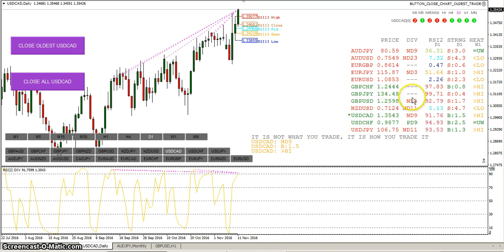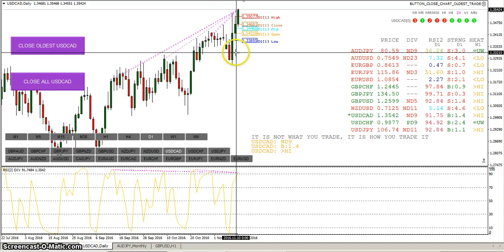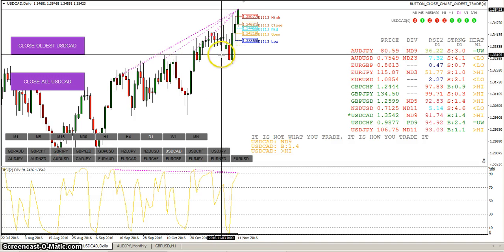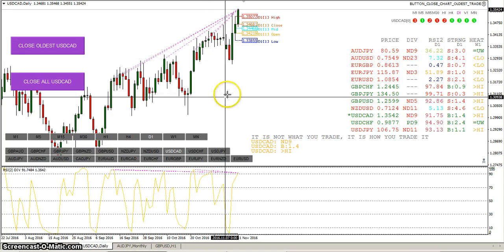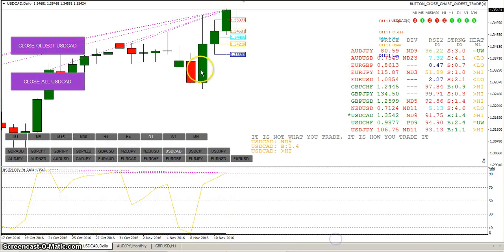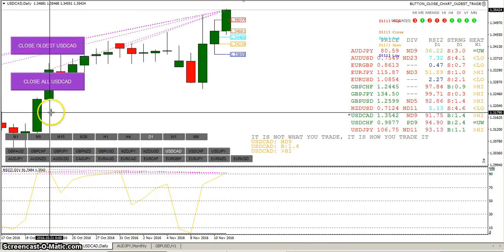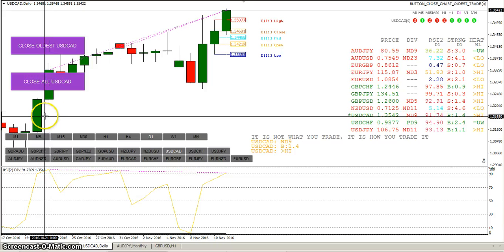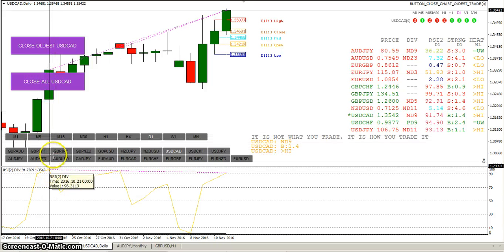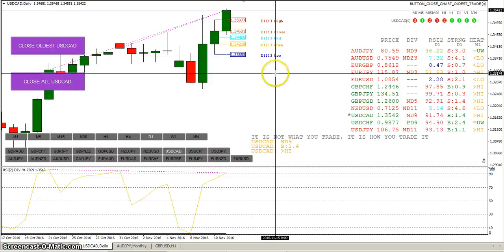Okay? And so what this does is it'll go through and it'll find the first divergence and let you know here on dollar Canadian 9 bars ago is where we first had negative divergence. So if you go back 9 bars, 1, 2, 3, 4, 5, 6, 7, 8, 9, you can see here, well, it's right there, that's the first negative divergence, right at that point and this point.